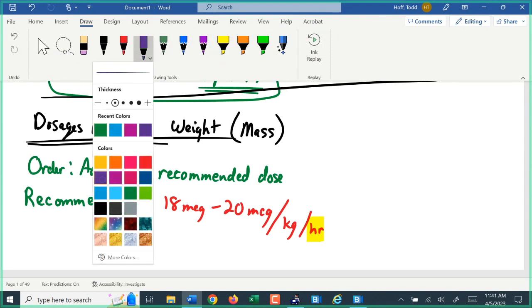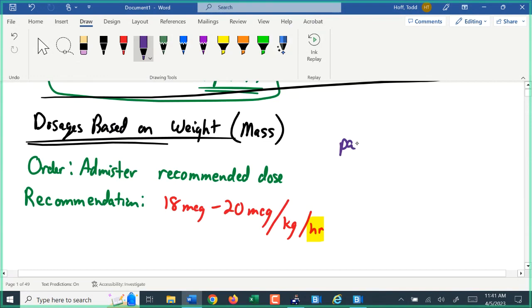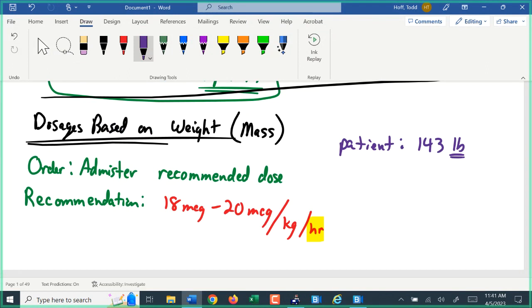So then we also need to know the patient. And I'm going to give the patient in pounds. So 143 pounds is our patient. As we mentioned on Monday, this recommendation, of course, is per kilogram, not per pound.